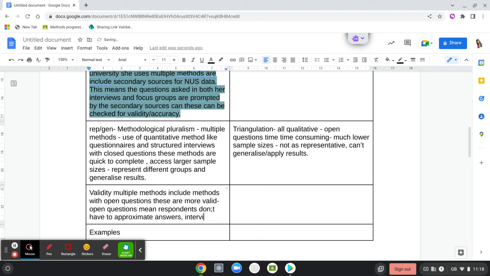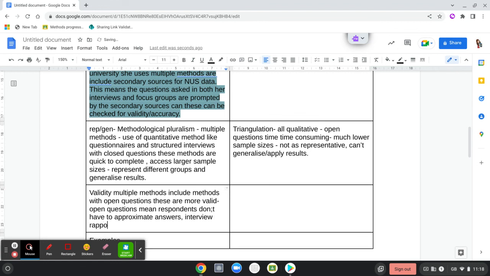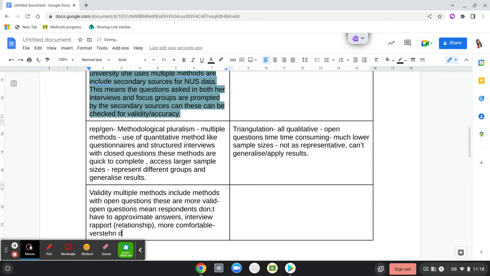If there's an interview, it often means you can build a rapport or a relationship, making respondents much more comfortable, and it can increase Verstehen or deep understanding.